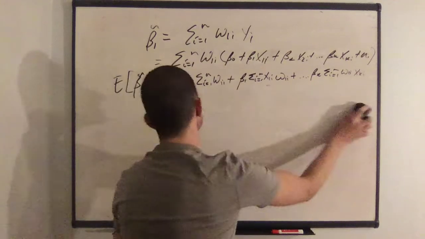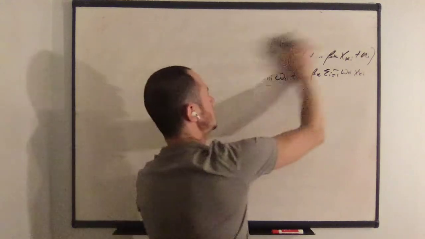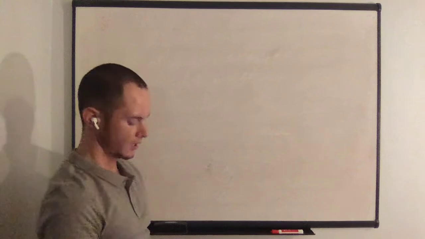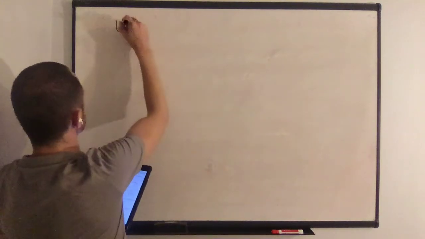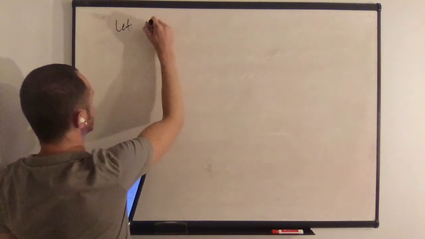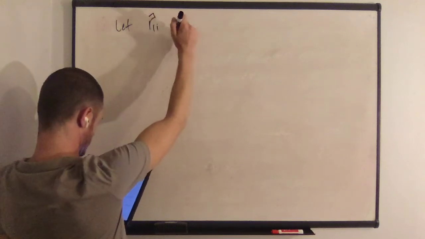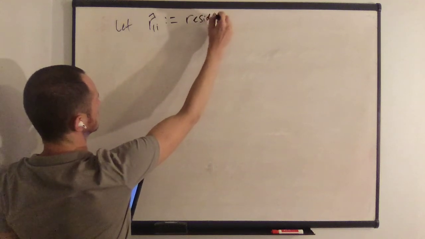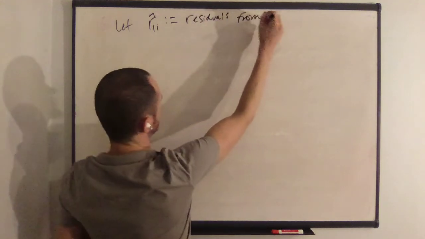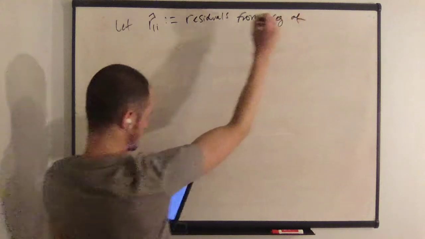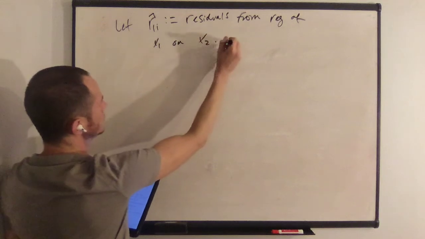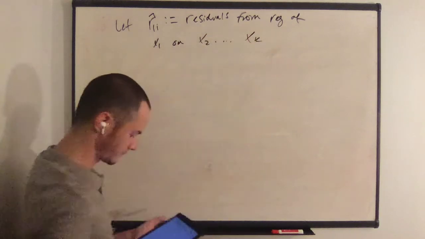So we have our linear unbiased estimator. Now we want to compare the variance of that thing with the variance of the OLS estimator. Let's set up some more tools. Let r1i hat be the residuals from a regression of x1 on x2 through xk.